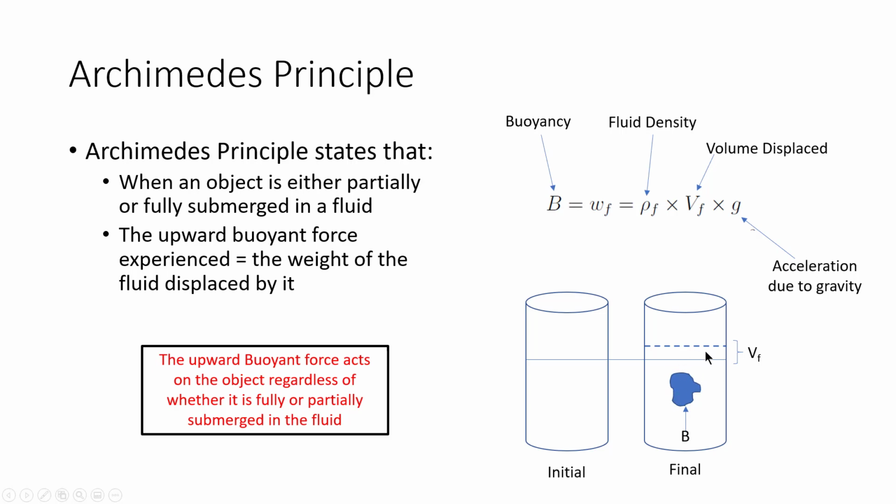Regardless, there is a fluid that's displaced, and let's call that volume of the displaced fluid V sub F. So V sub F times the density of the fluid times the acceleration due to gravity will give us the buoyant force. The buoyant force is equal to the weight of the fluid that's displaced, which is the volume of the displaced fluid times the density times the acceleration due to gravity.